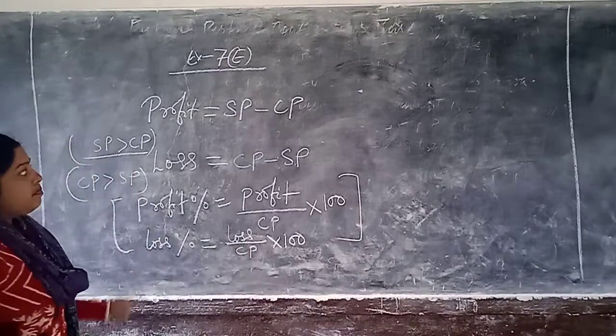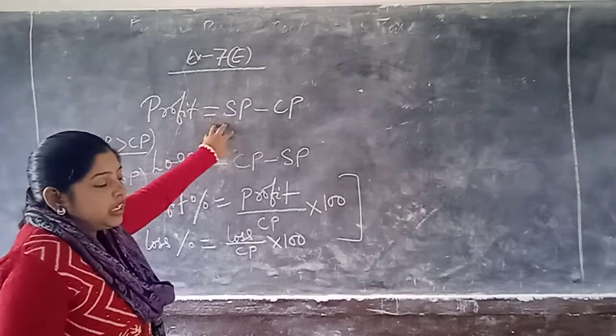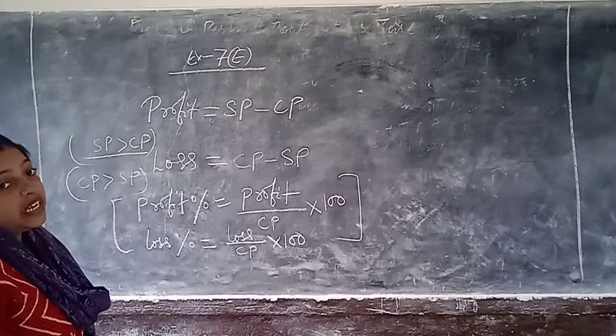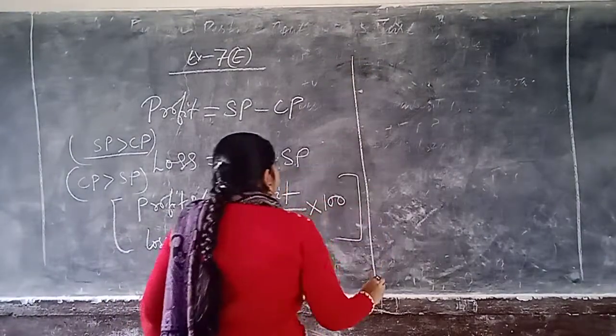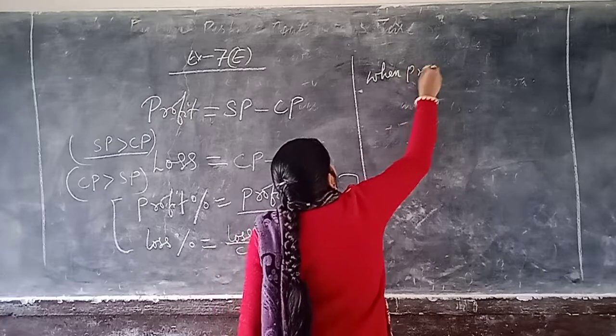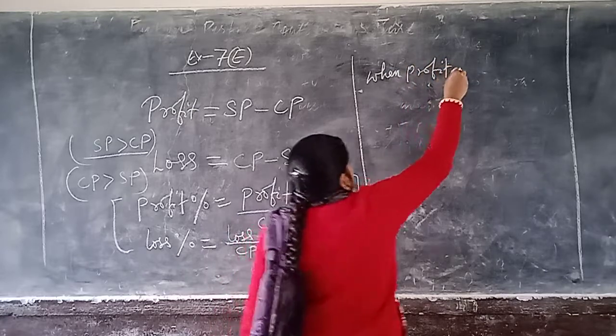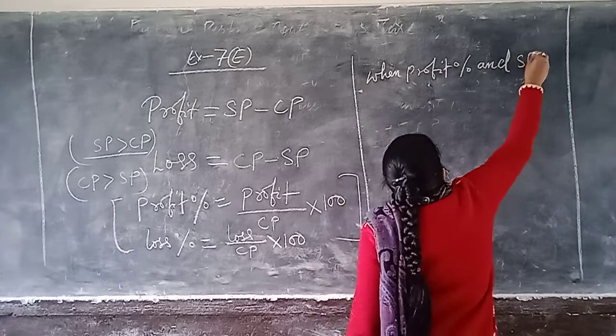Now if profit percent is given and cost price is given, how can we find the selling price? So the next formula is when profit percent and SP are given.